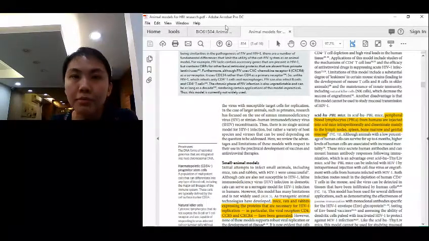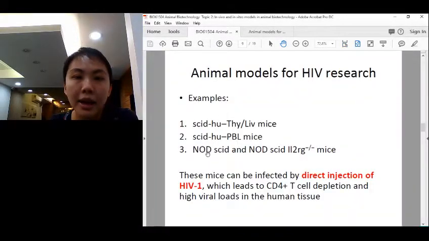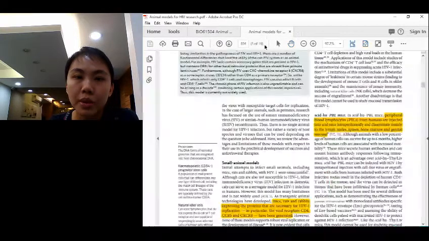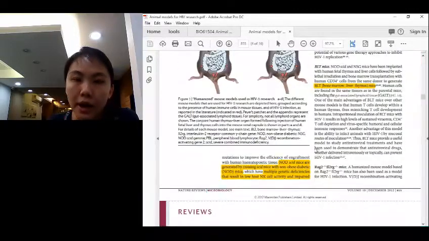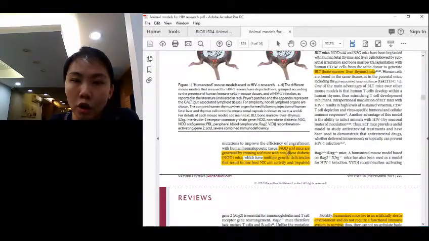Okay, and then we look at the last one, NOD, SCID, IL-2Rg negative. So what do all these terms refer to? NOD is a type of mouse known as non-obese diabetic mice.